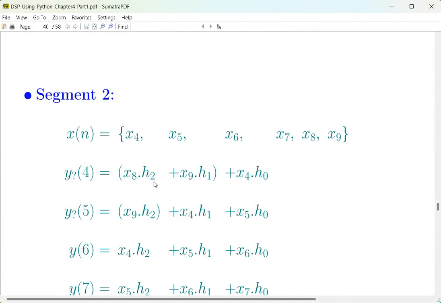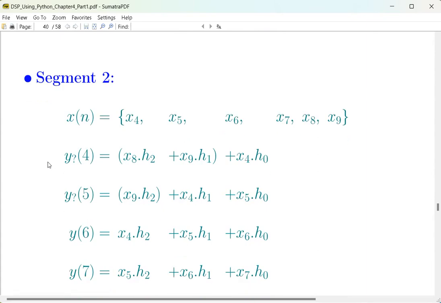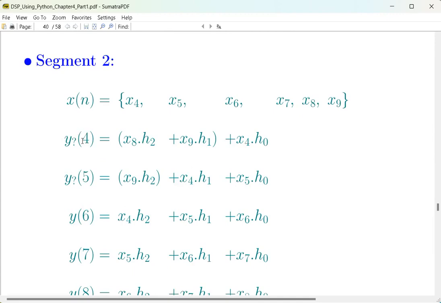So you see here, x4, x5 has again appeared, and the rest, x6, x7, x8, x9, from 6 to 9, are new samples. Again, y4 will be wrong, y5 will be wrong. Here you see the details.